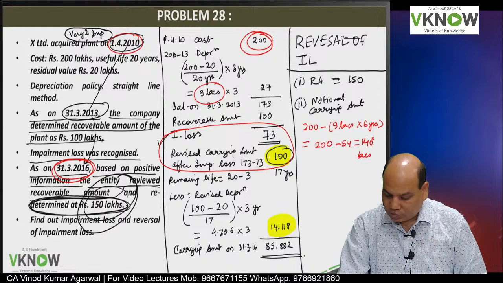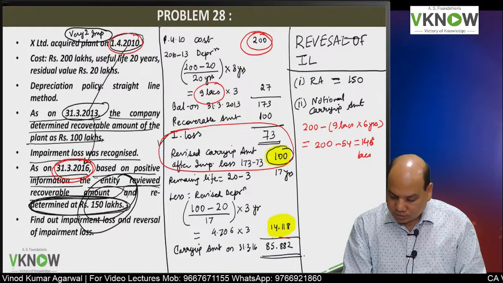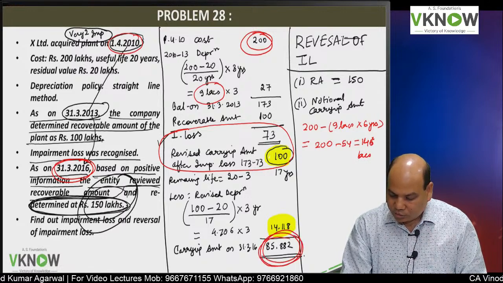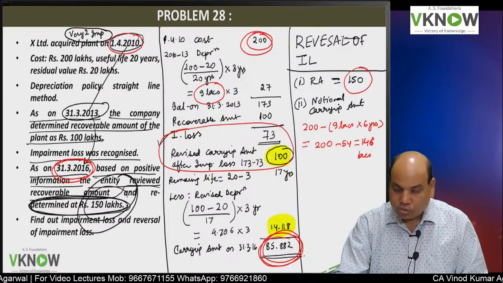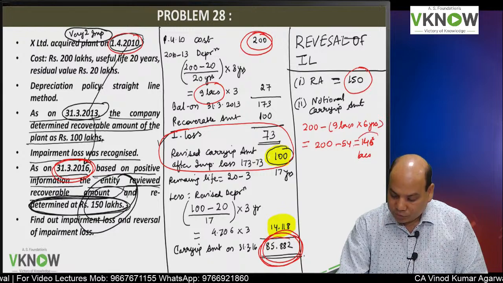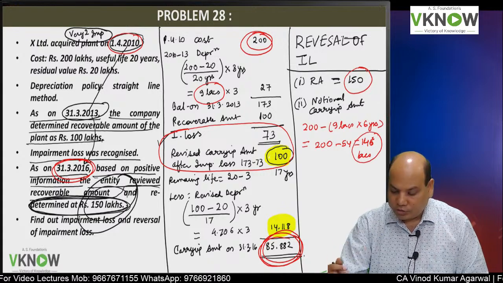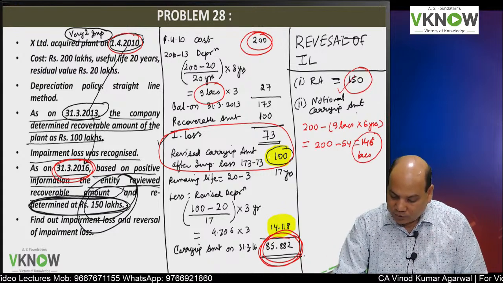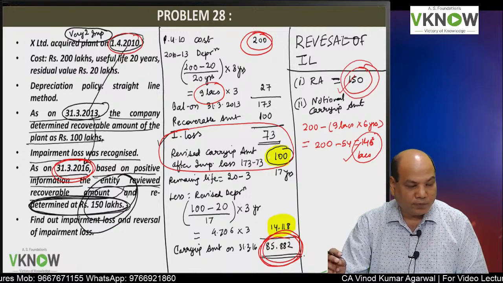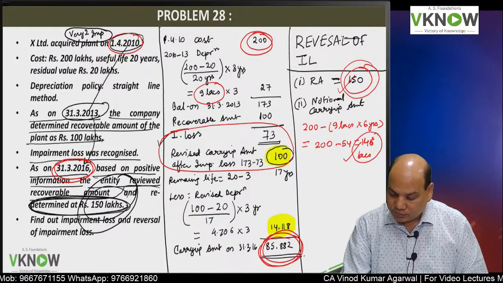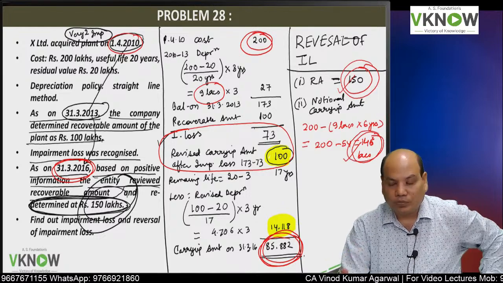My existing carrying amount in the book is 85.882. Recoverable amount today is 150. Notional carrying amount is 146. I will take the lower of the two. Lower of the two will be 150 versus 146. I can't increase beyond 146.